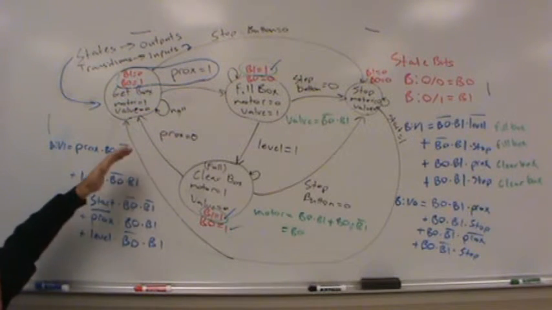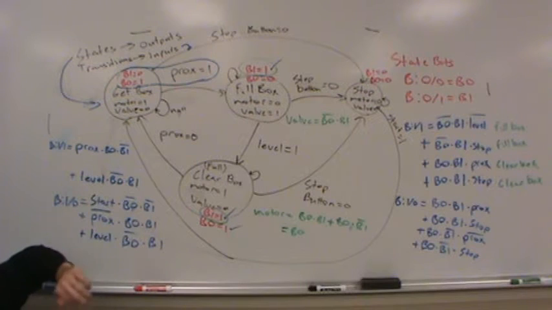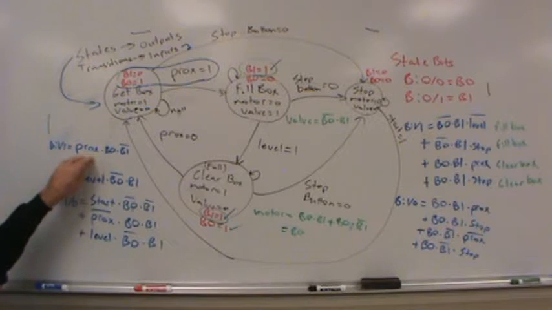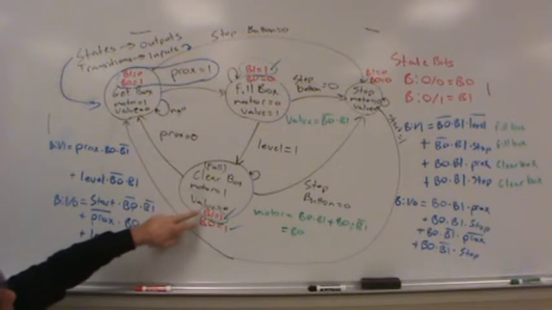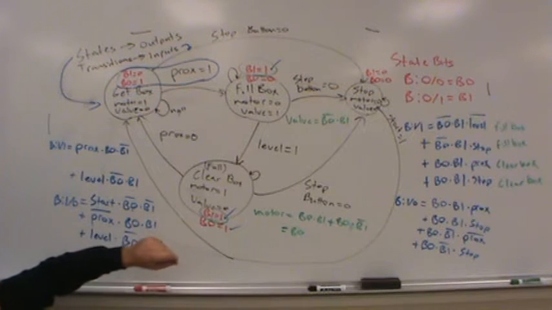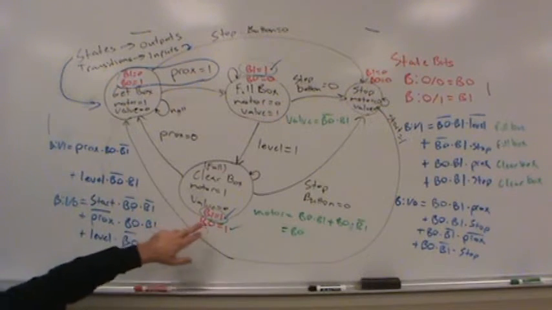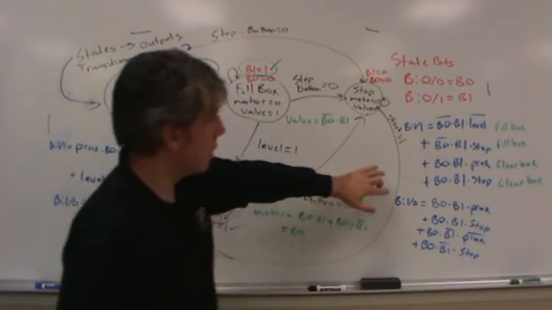Is there anything that can keep B1 on? B1 is here. Prox is going to go to a 0, but that's not what's going to trigger it. It's anything with a 1-1. Let's see. So basically anything, it's these two.